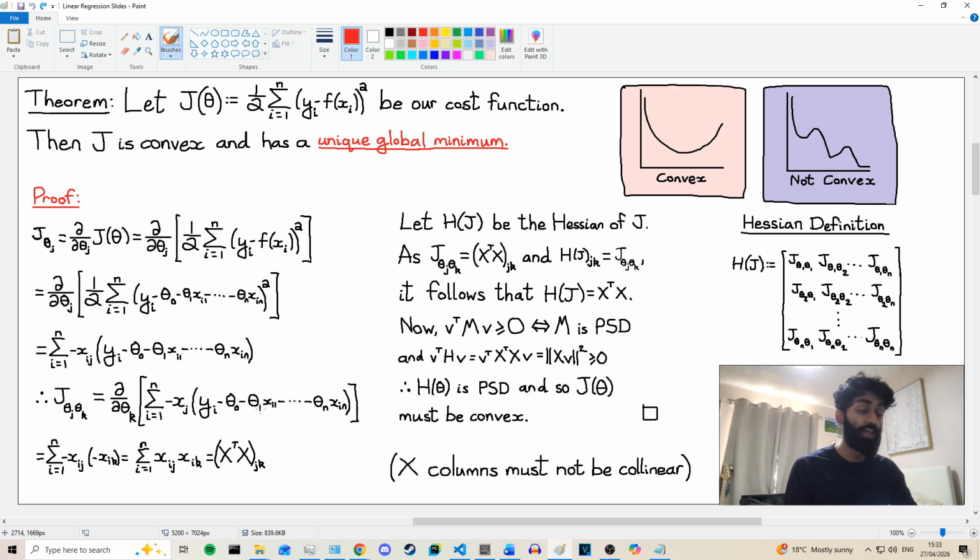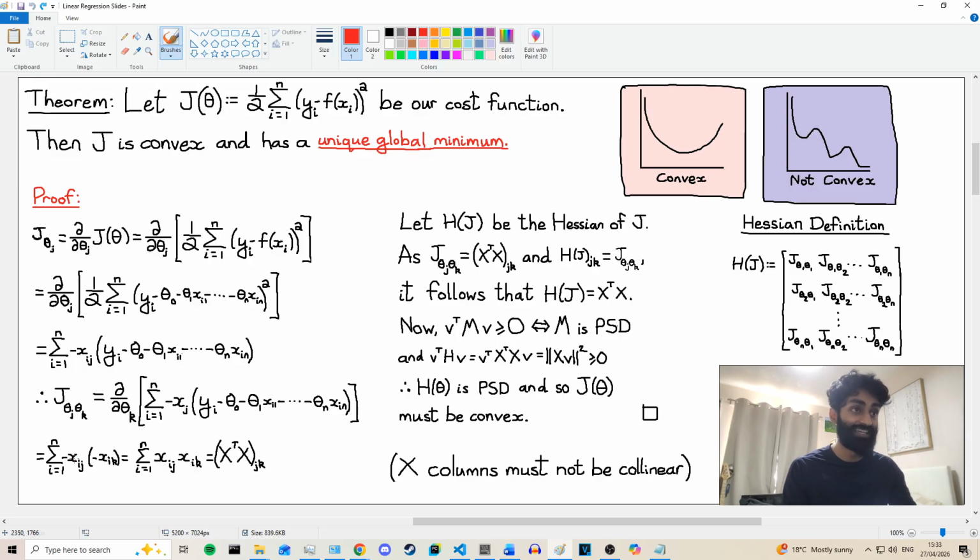By similar logic, theta k xik is the only non-constant term in this bracket. And so it's the only term that doesn't disappear. And so we get minus xik. This minus xij is also a constant being multiplied by theta k xik.